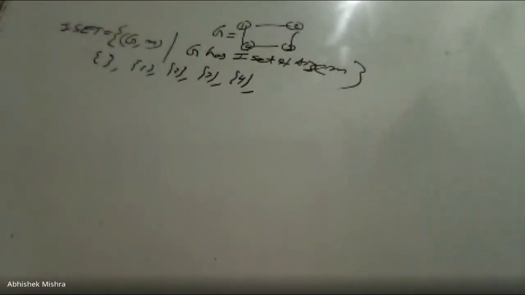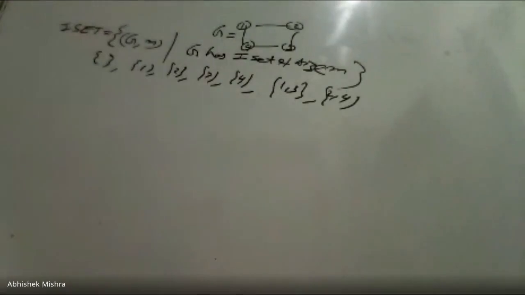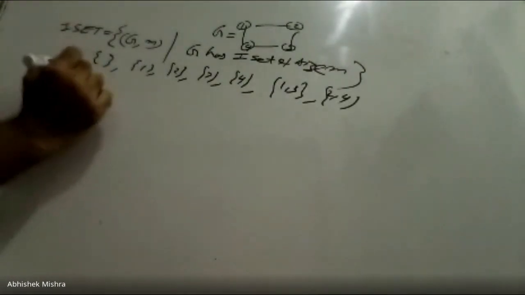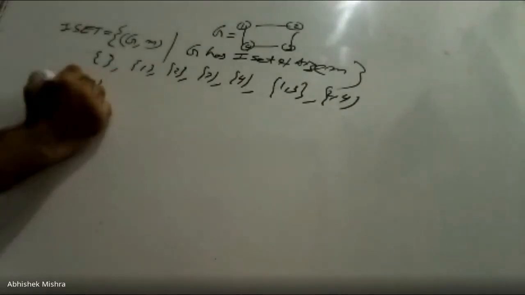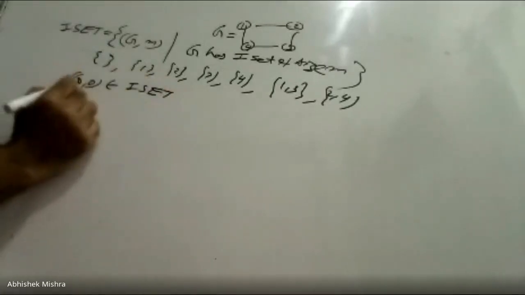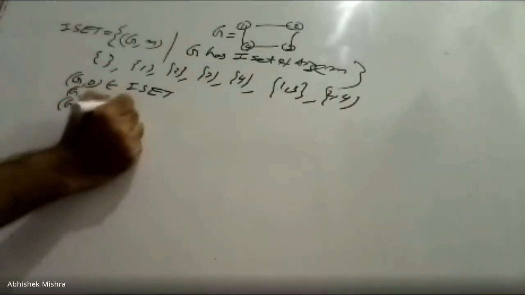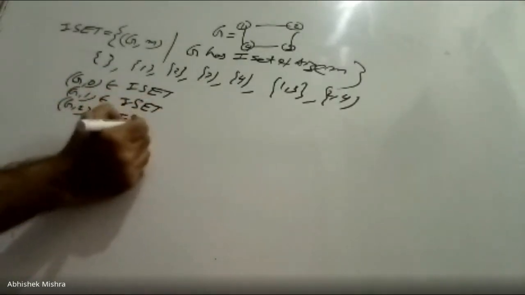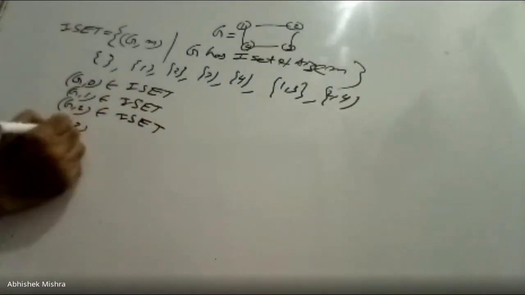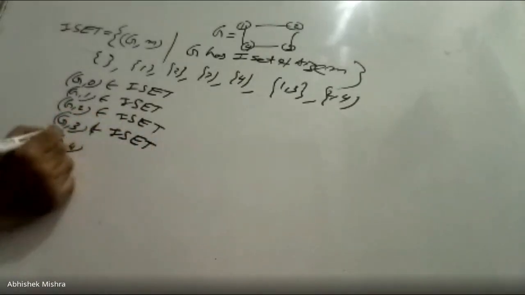We can take two vertices like 1, 3 and 2, 4; they do not have any edge. More than 2 is not possible. So in this example, G0 is an independent set, and similarly G1, G2, but G3 is not an independent set, and also G4.